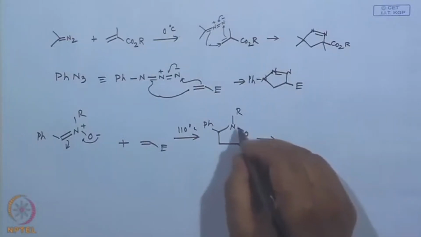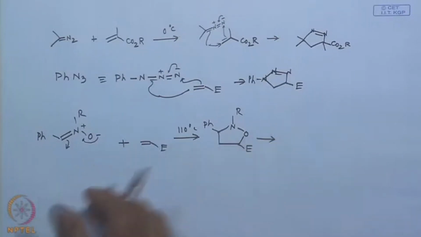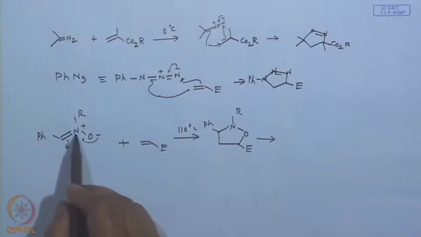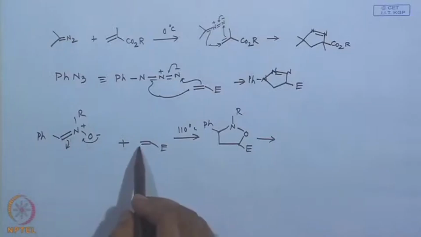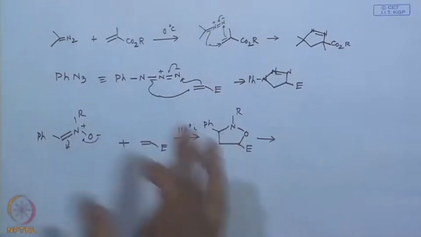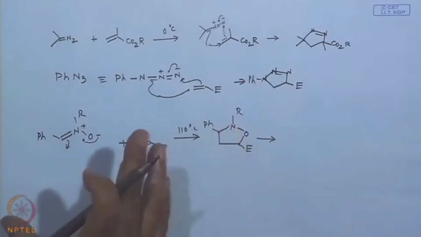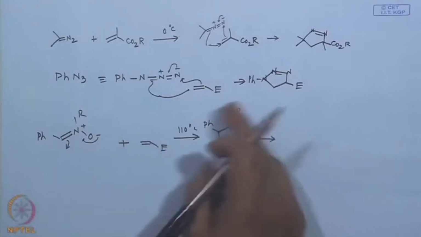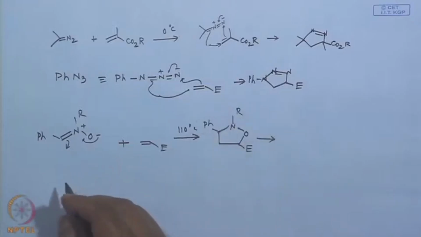If this is cleaved, then eventually it will give you an open chain compound, but the net result is the formation of a new carbon carbon bond between the carbon alpha, adjacent to the nitrogen, and the beta carbon of this acrylate. So, it is again a simplified version of C-C bond formation, but we mechanistically view this as a 1,3 dipolar cycloaddition reaction.